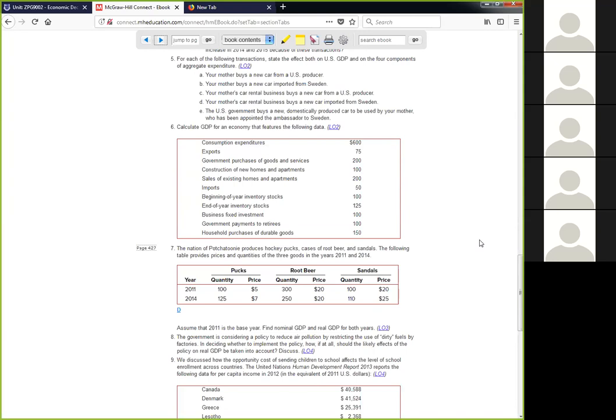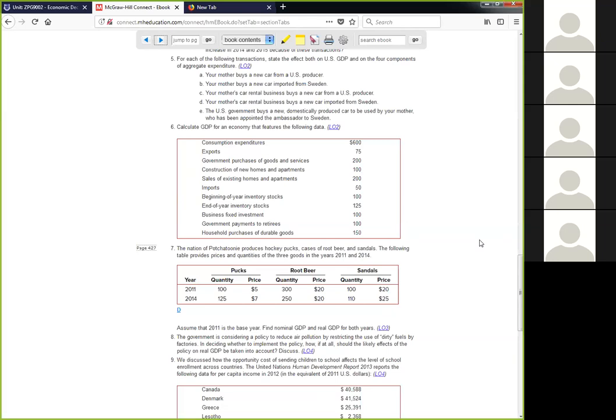Right? You calculate the change in the stock. Right? You calculate the change in the stock. So it was 100 at the beginning. At the end of the year it's 125. So what did they do? They built up 25 billion in stock.